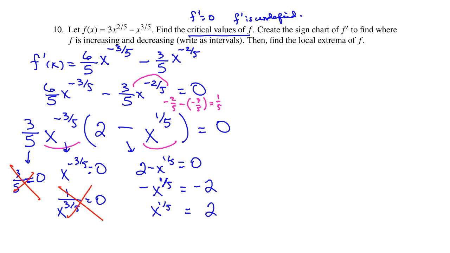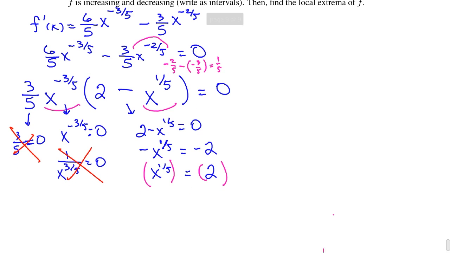And then to solve, when you have a fractional power like this, you want to raise both sides to the reciprocal power so that you're forcing it to be a 1. Well, the reciprocal of 1/5 is 5. And so there we go. X to the 1/5 to the 5th power is x, and 2 to the 5th is 32.